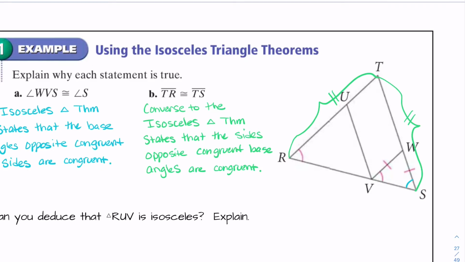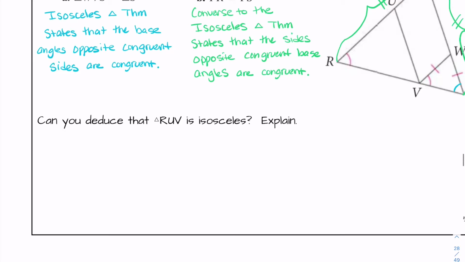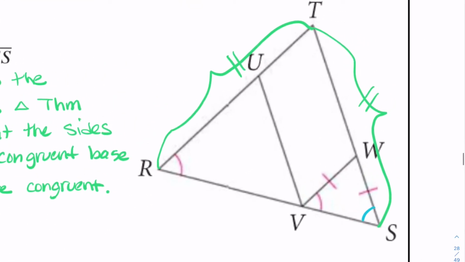Alrighty. Can you deduce that triangle RUV is isosceles? There's nothing here. I don't know what this angle is right here. I don't know what that is. There's nothing really else to tell me that it is congruent.